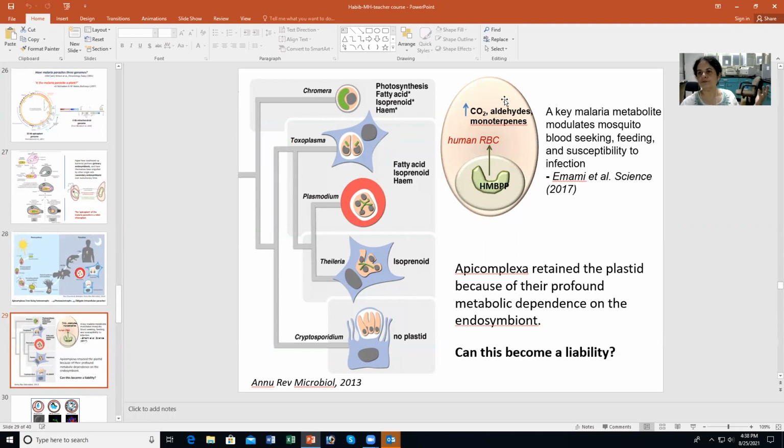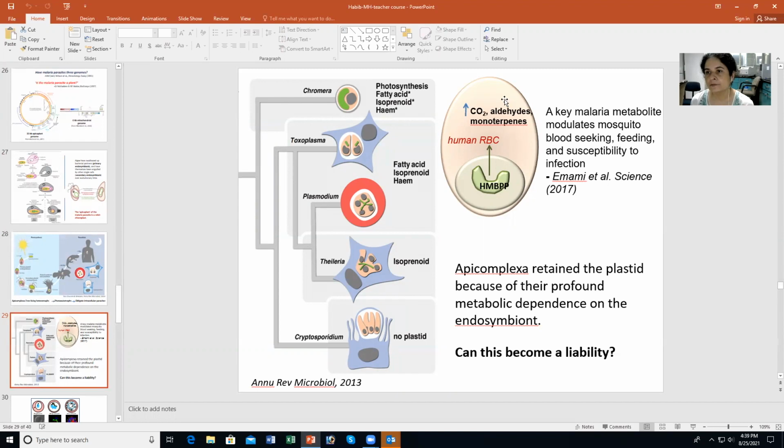So if you have a room full of 100 people, of which 1 or 2 are infected with the malaria parasite, it's quite likely that mosquitoes will be attracted towards those infected individuals, because they will be expressing a higher amount of aldehydes and monoterpenes, which are chemoattractants for mosquito biting, and therefore the spread of infection will happen. So the apicoplast also seems to have a role in the transmission of malaria to other individuals.